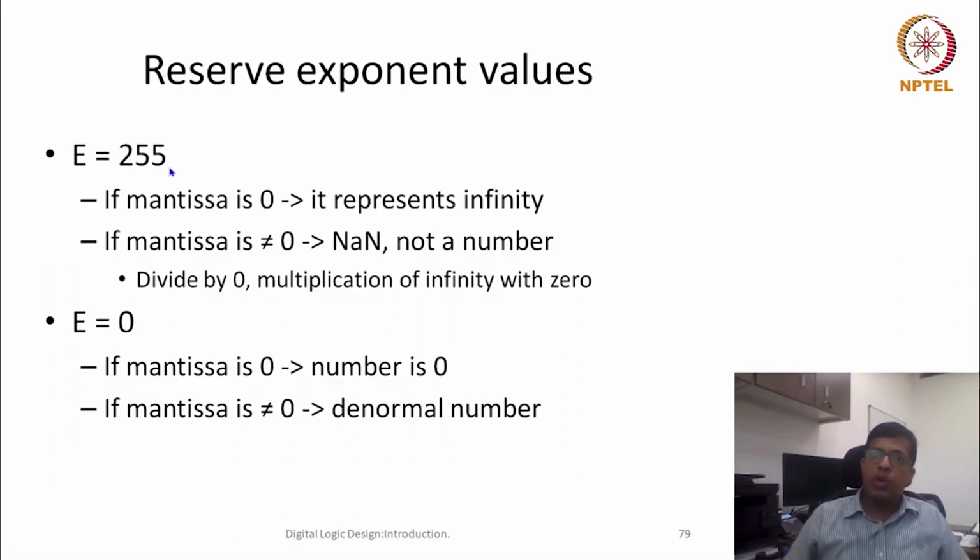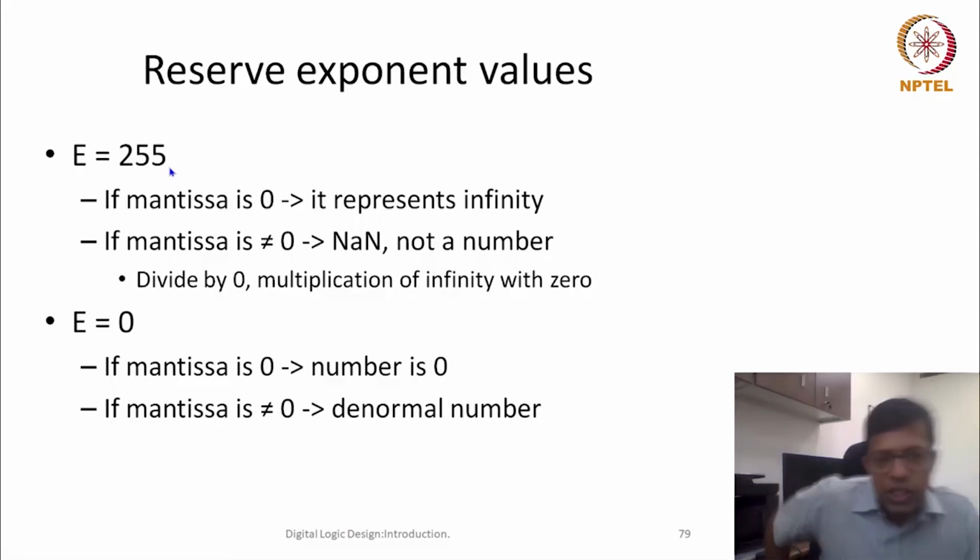So if you want to raise an error, you want to raise an exception, then the most significant bit of your mantissa is turned to 1 so that it signals that there is an error. Okay, so that's why we have reserved this 255 as a special exponent just to represent all the infinity or not a number cases. Now what if my exponent is 0?